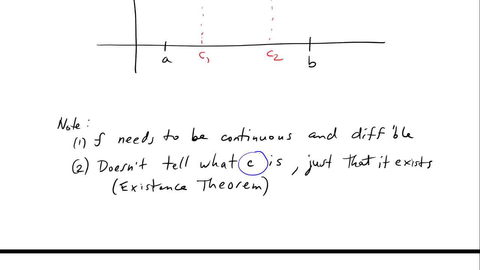So the theorem doesn't tell us what c is, just that it exists. This is common in mathematics. This is known as an existence theorem, and the IVT was the same way. It just tells us that there is a point where something is happening, but doesn't tell us how to get it. It doesn't even guarantee that we would be able to get it, just that it's there.